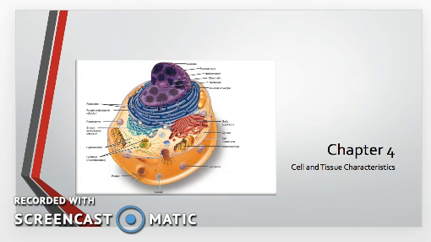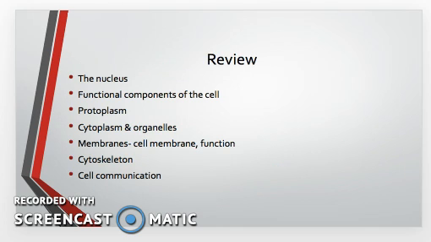The next slide just tells us to review the nucleus. So the nucleus starts on page 66 in the textbook, and it also says to review the functional components of the cell. I didn't see an actual header in this chapter that said functional components of the cell.